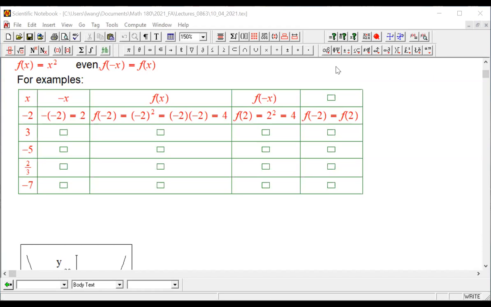Yes, Professor, I guess you started with the definition of even and odd functions, then you showed us visually what they look like. Even function is a happy face, I call it, f of x equals x squared. Then odd function, x cubed. So now you are bringing in the example algebraically with the numbers, to reinforce the concept.